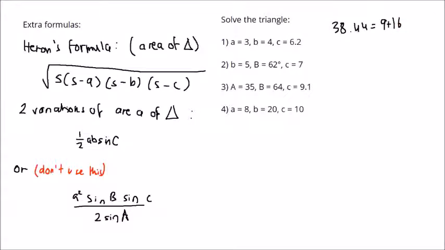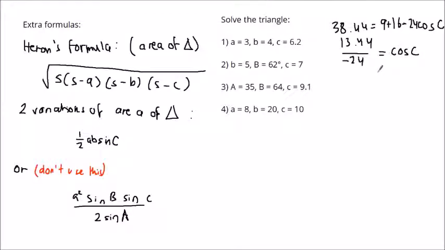So C squared equals A squared plus B squared minus 2AB cosine C. 25 minus 38.44 is minus 13.44, and that's equal to minus 24 cosine C.